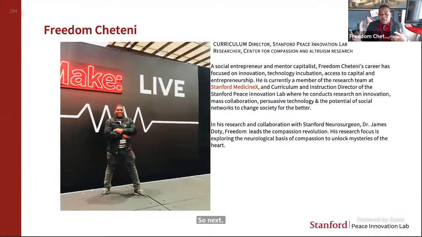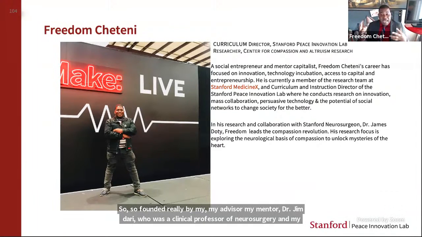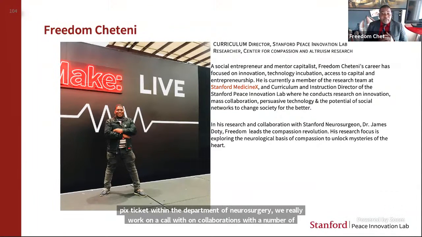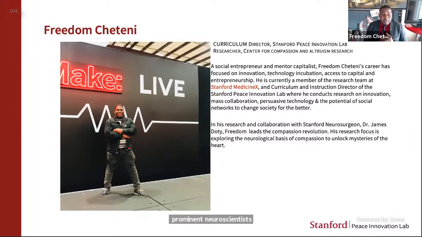We work in collaboration with a number of prominent neuroscientists, behavior scientists, geneticists, and biomedical researchers to closely examine the physiological and psychological correlates of compassion and altruism. The mission of our lab is to investigate the methods of developing compassion and promoting altruism within individuals and society through our research.